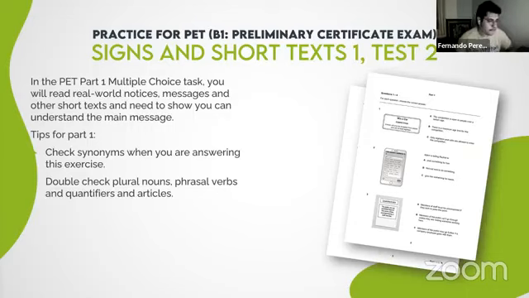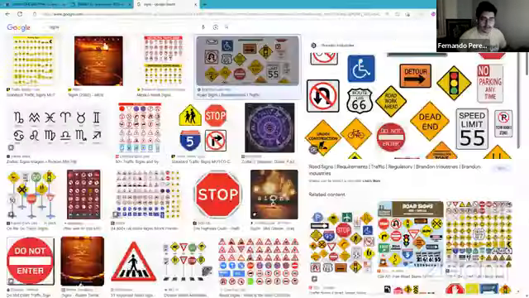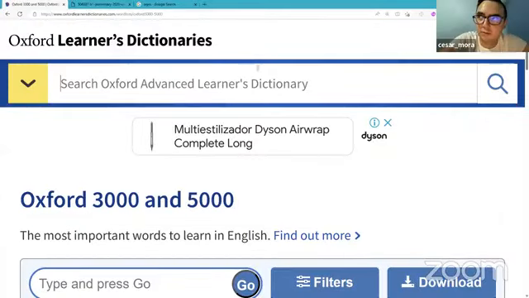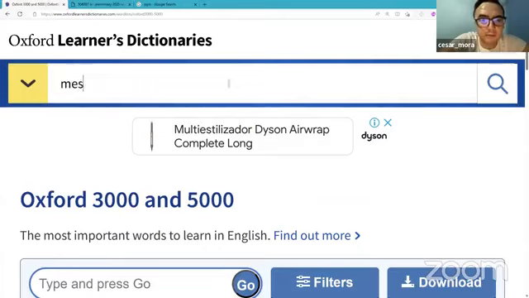Again, what does he say? What is this? Messages. No. Okay, let's check on the dictionary. Message. Correct. That's 1. Message is 1.